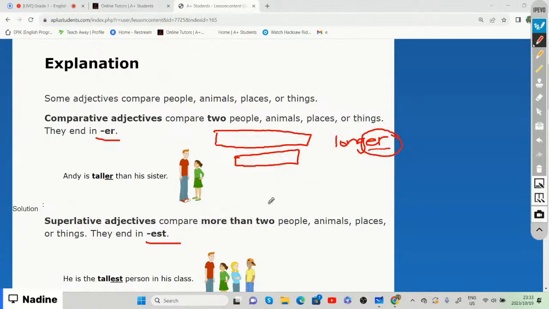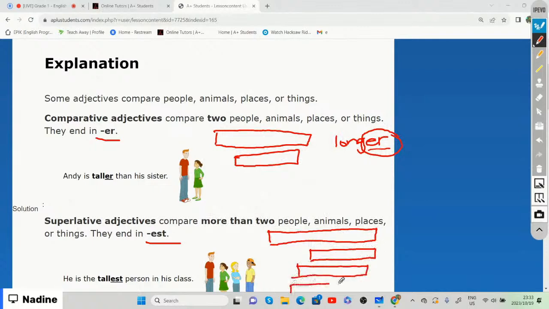But if we're comparing that one ruler to all the other rulers that are there, maybe in the box, then we can say this one is the longest. And we added the est.